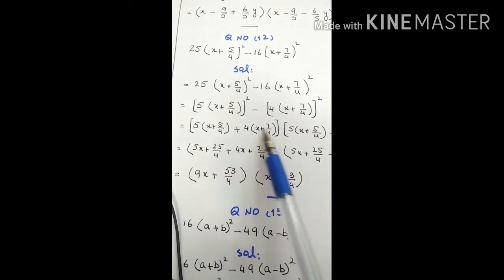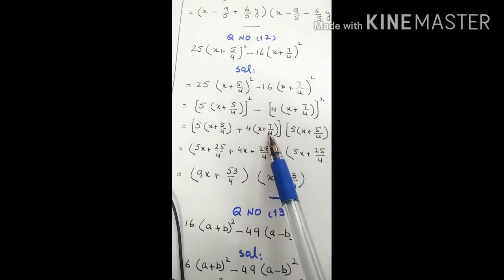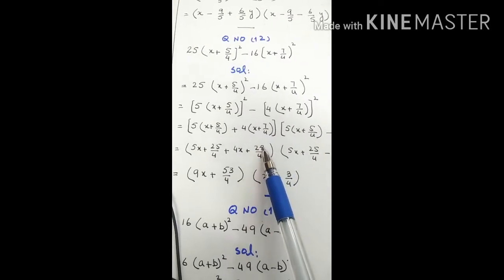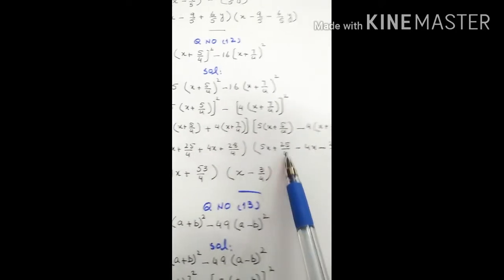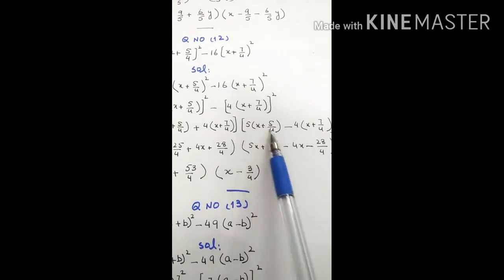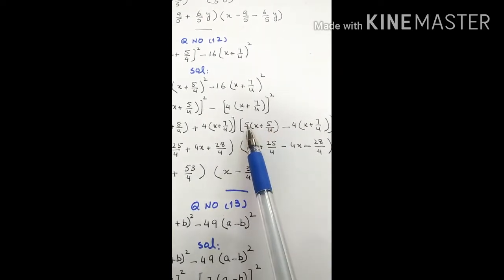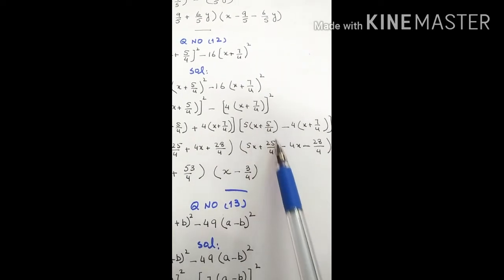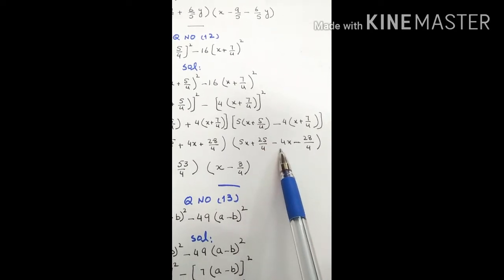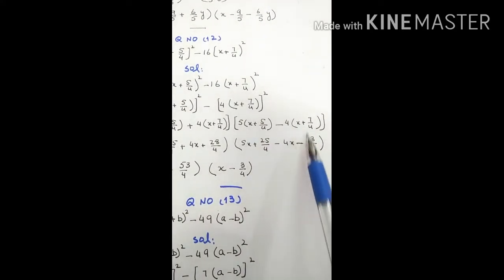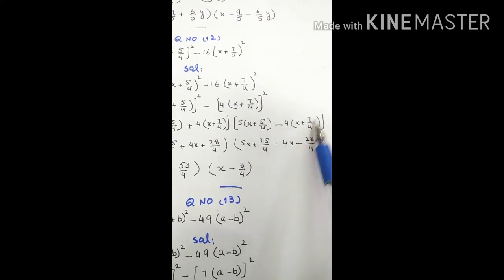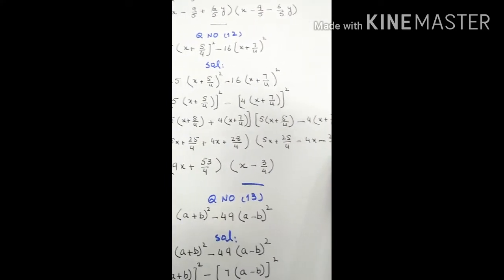Then multiply this 4 by these values: 4x plus 4 7s are 28 over 4. We have opened it. Now open this value. 5 multiplied by x plus 5 by 4: 5x plus 25 by 4, minus 4x. Now see, minus plus minus, 4 7s are 28 by 4.